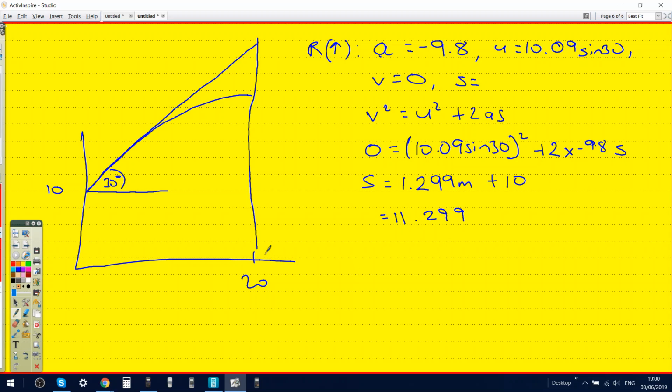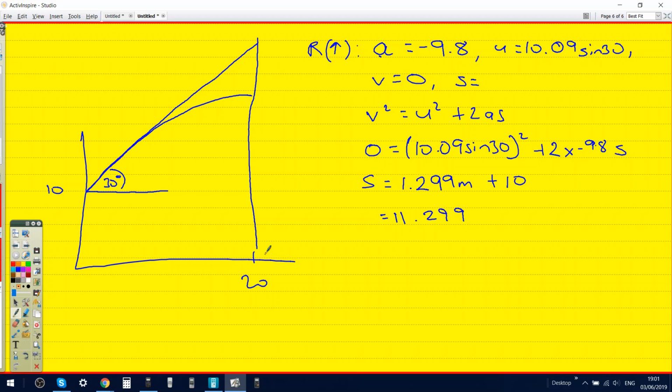But what height is the wall? It's 20 meters away from where it starts, and presumably it's on the floor, they said. So the question is not whether it goes over the wall, but does it come into contact with the wall?